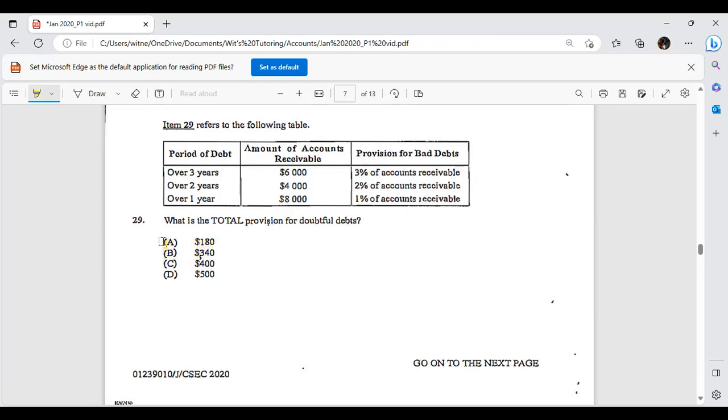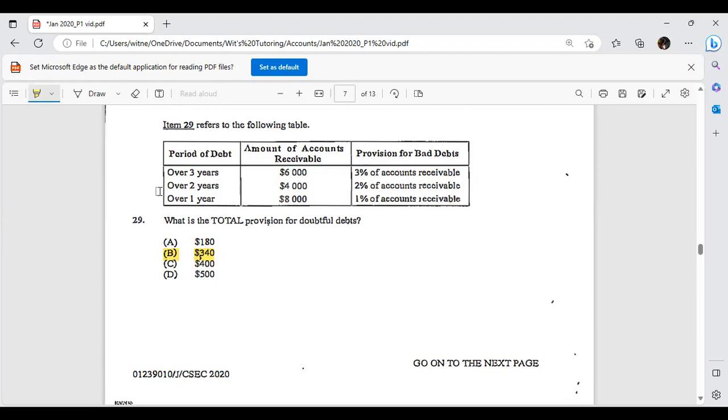So you do each of them, right? What this is saying, these are based on their age. What do you call this again? Age something. So you have some debts that are over 1 year, and you assume that you're providing 1% of these will be uncollectible.